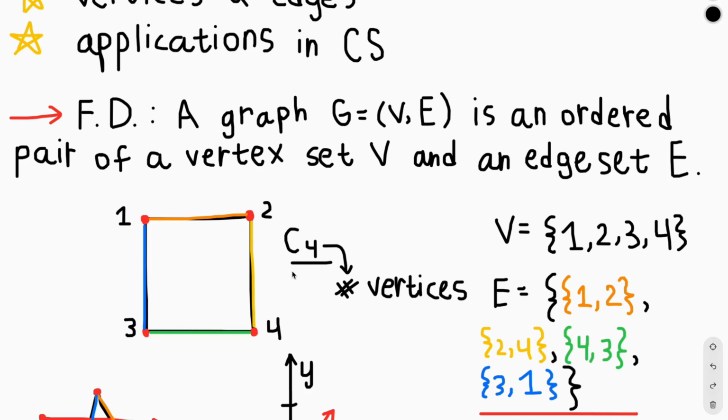So this is a cyclical graph because if you go around and trace the edges, you'll see that if you go around this loop, you can go around an infinite number of times, right? It forms a cycle. So that is why C is used to denote this graph.